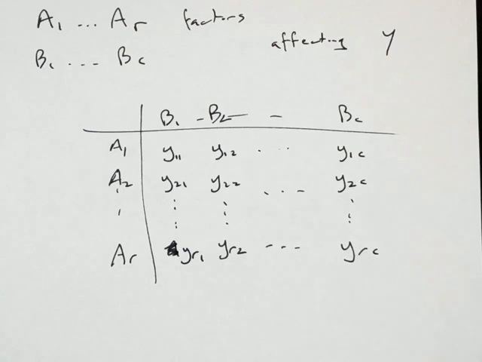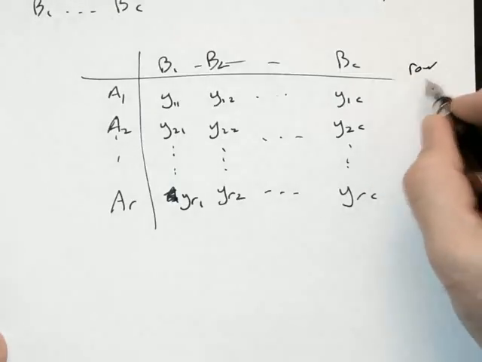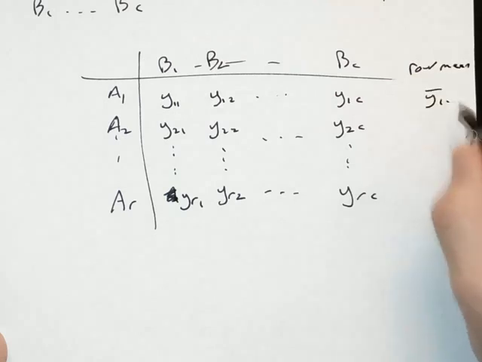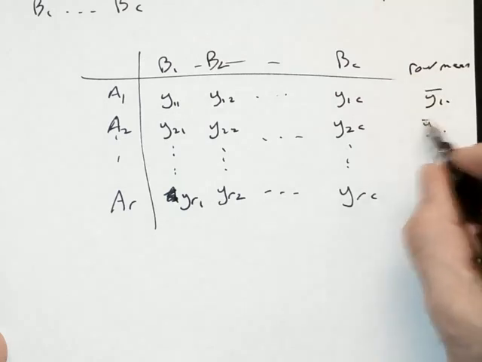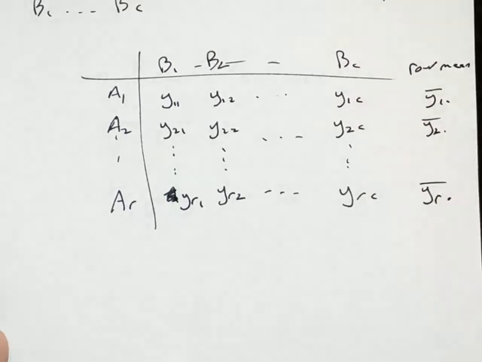But now I can think about averages. I can do averages across a row. I can do averages down a column. So I'll get a whole bunch of different averages. I'll get averages for each row. Now notice that I gave those subscripts 1 dot, 2 dot, because it's row 1, but there's no column count anymore.